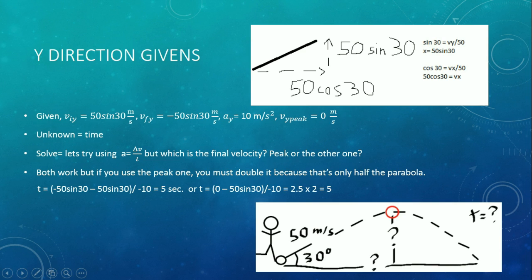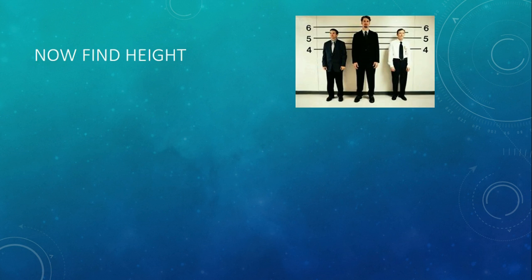Or if we use the peak, which is final, it's going to be 0 minus 50 sine of 30 initial, divided by negative 10 because gravity is negative, which gives us 2.5. But we have to double it because it's half the parabola, and we know it's symmetrical. We can just double it, and we get 5 seconds. So always remember to put your units. Don't forget like I did here. Always put your units.